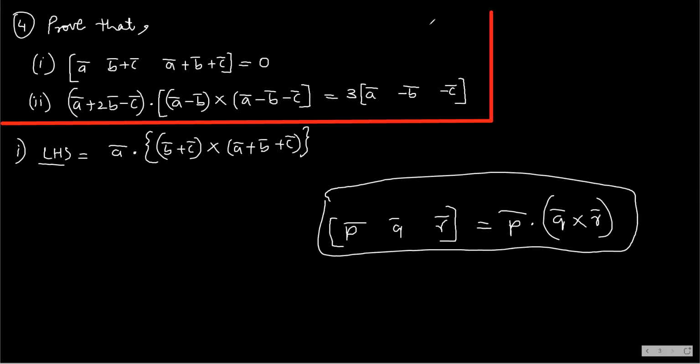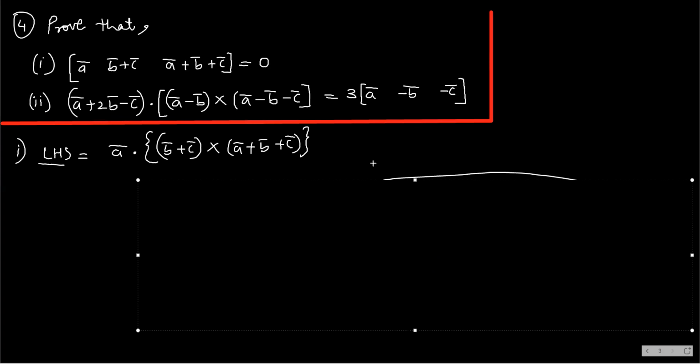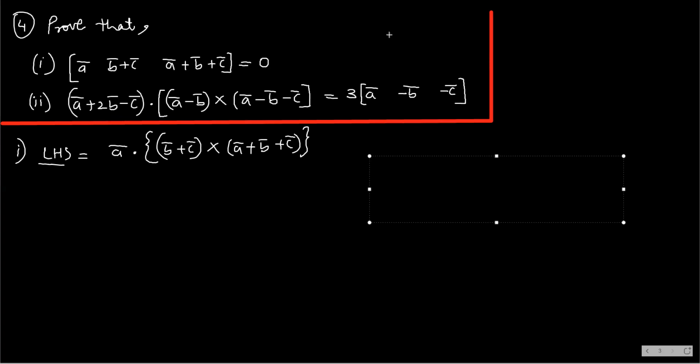At the same time, remember, if I'm given P bar in terms of I cap, J cap, K cap, Q bar as a linear combination of I cap, J cap, K cap, and R bar also in the linear combination of I cap, J cap, K cap, I can write the scalar triple product also as a determinant. So both are equally true and they are equally used whenever required. So here I'm going for this one, because I don't have these vectors in I cap, J cap, K cap form.